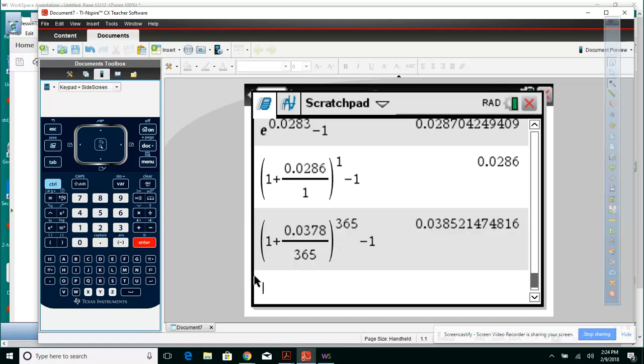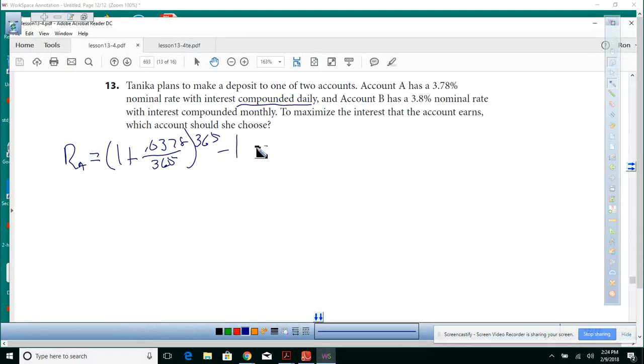And that's going to give you an actual rate of 0.0385, or 3.85% annually. All right, that's the effective rate.